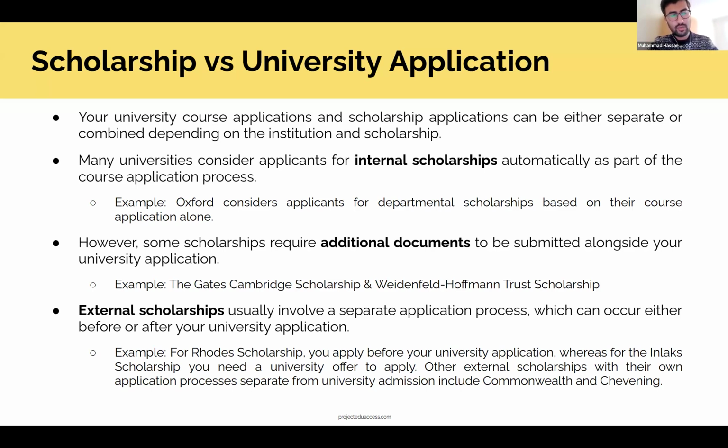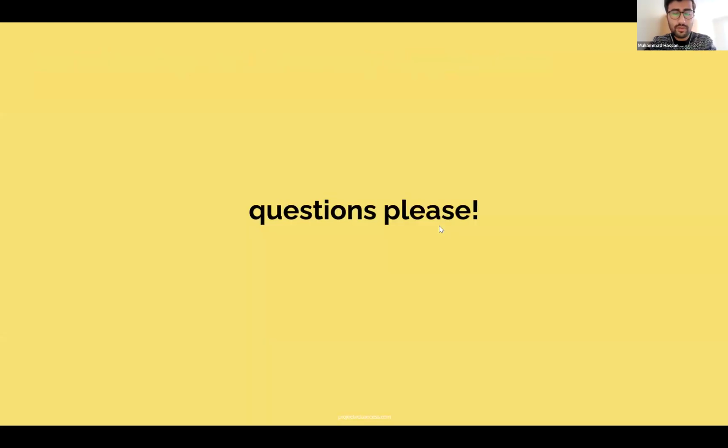If you get the scholarship, you separately apply for the university. If you get in, then you let Chevening know that you've gotten into this university, and they will fund you if that program comes under their funding. And some scholarships have a barrier to entry as well. For Rhodes, you need something like a 3.7 GPA to enter. So that's something else to keep in mind.